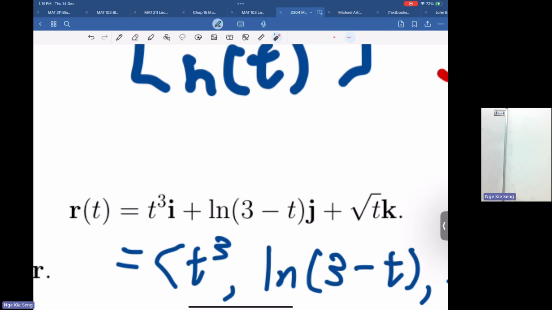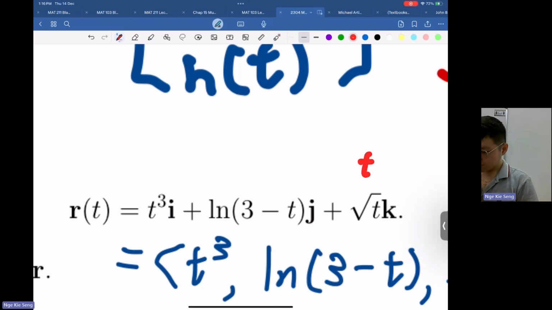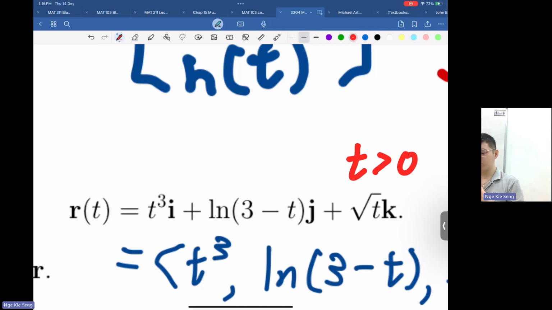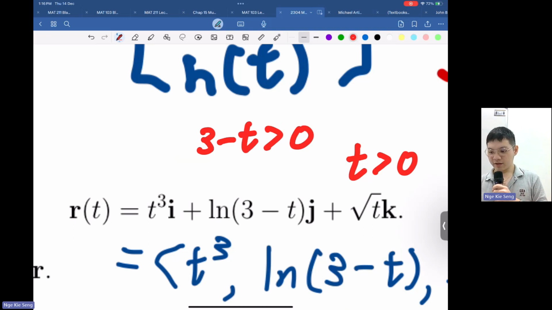Square root t cannot be less than 0, so there is some restriction for the Z direction. How about ln(3 minus t)? The input of ln must be greater than 0 as well, meaning 3 minus t has to be strictly greater than 0.